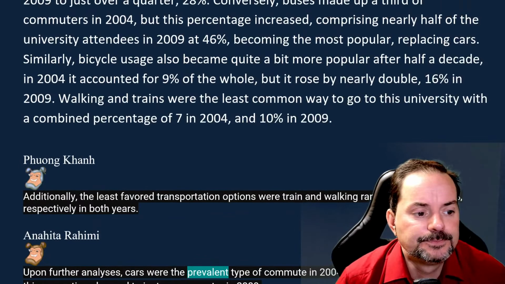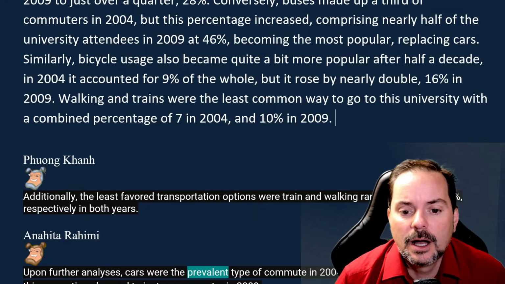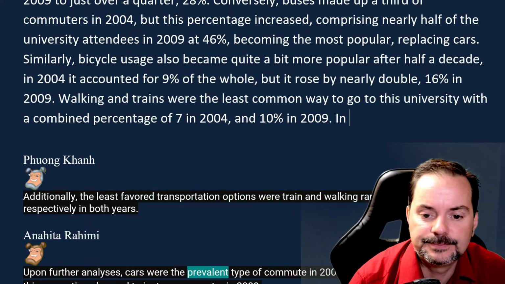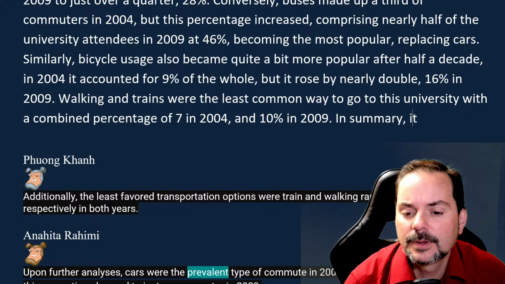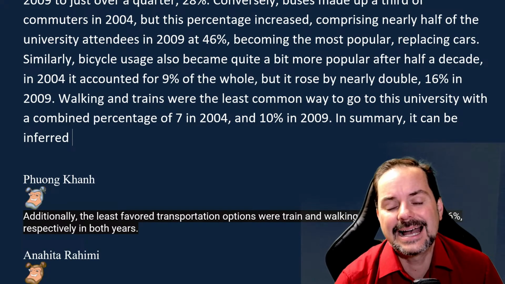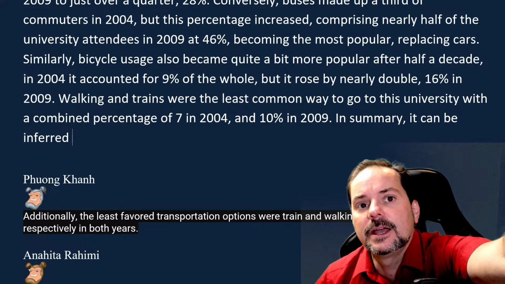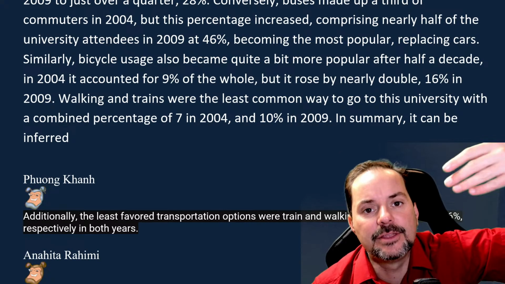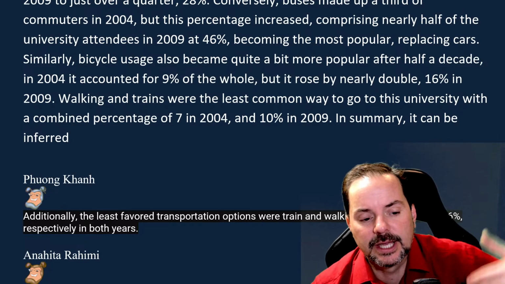Okay, so in summary, it can be inferred. This is a nice passive sentence. Okay, it can be inferred by the viewer, by the person looking at this data.